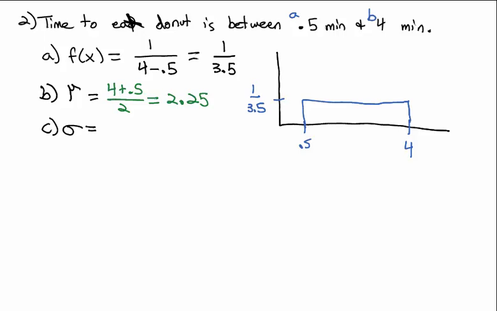The standard deviation, remember, is the square root of the difference, 4 minus 0.5 squared, divided by 12. So we've got the square root of 3.5 squared divided by 12. And the standard deviation here is 1.01 minutes.